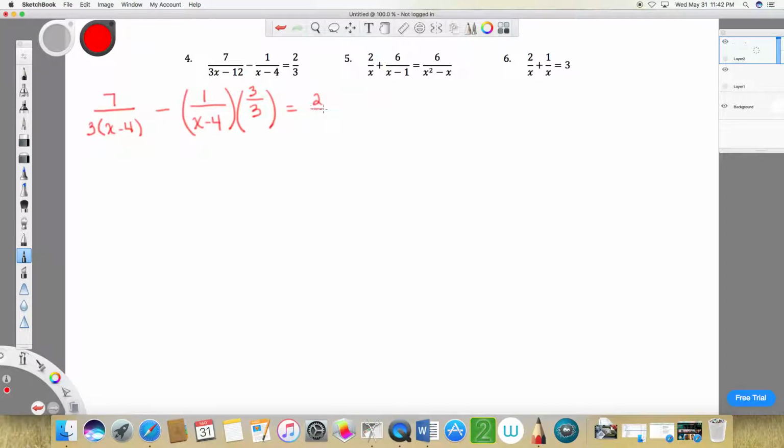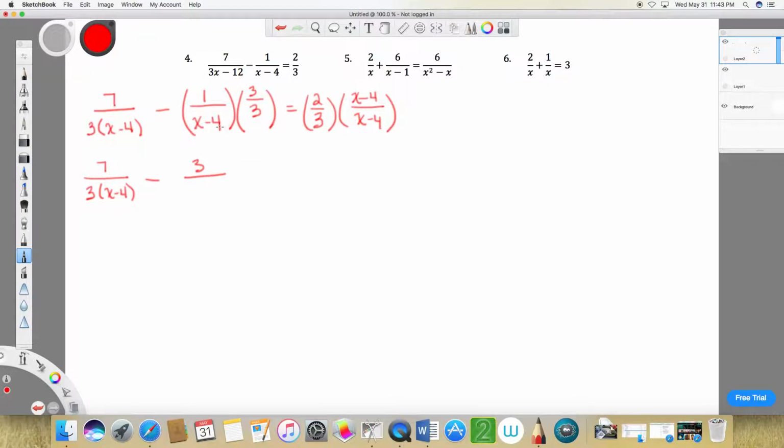And if I look at this 2/3, I can multiply this by the number 1 and write it as x minus 4 divided by x minus 4. And let's look and see what I have. So in the first term over here, I have 7 over 3 times x minus 4, minus, well, 1 times 3 is just 3.